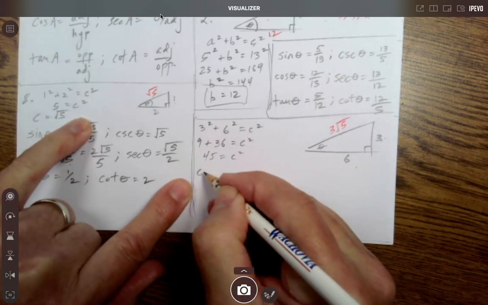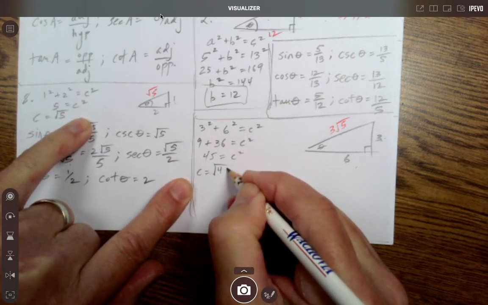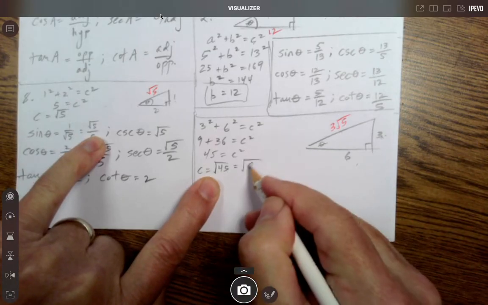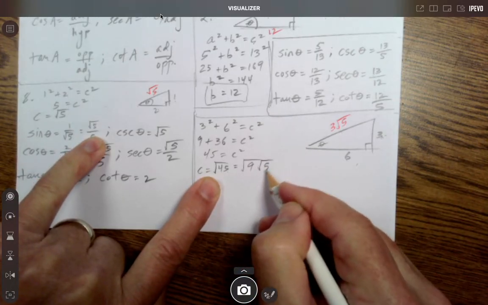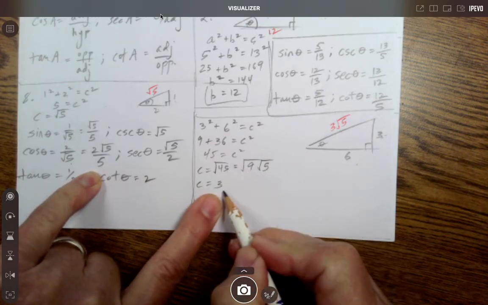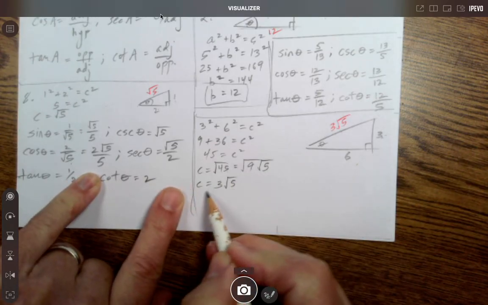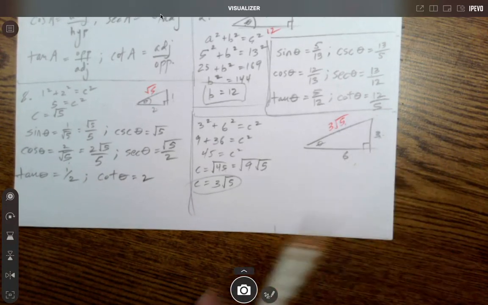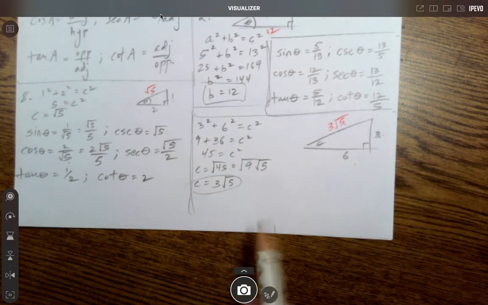So c is the square root of 45. But 45 can be broken up into 9 and 5, right? So square root of 9 is just 3, and the square root of 5 is still the square root of 5, so there we go. So as you can see, the hypotenuse is 3 square root of 5.